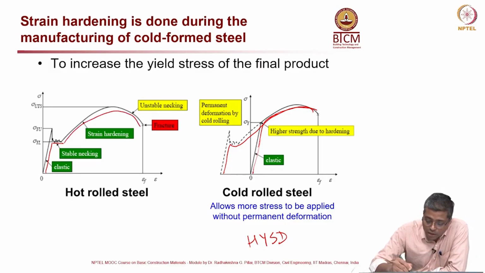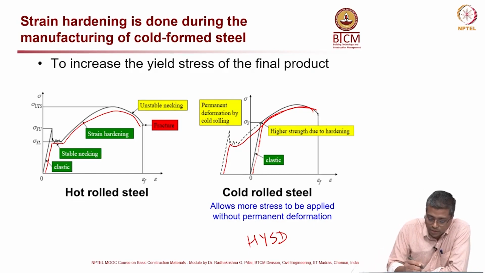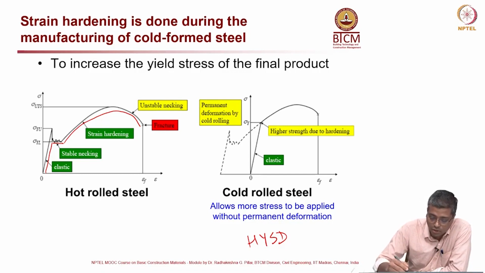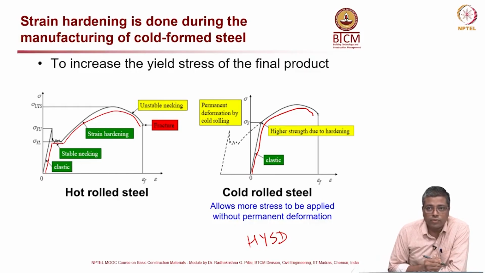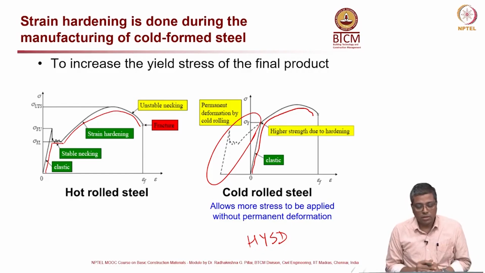In the second one, you are actually translating the graph to the left side. So, if the steel is cold rolled or cold form steel, when you do the tension test, it will behave like this, this will be the stress strain curve which you get. So, this dashed portion will be missing.